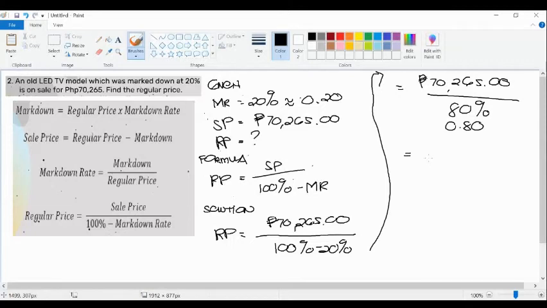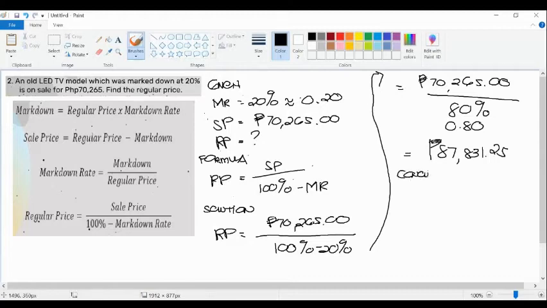So 70,265 pesos divided by 0.80 will give us an answer of 87,831.25.